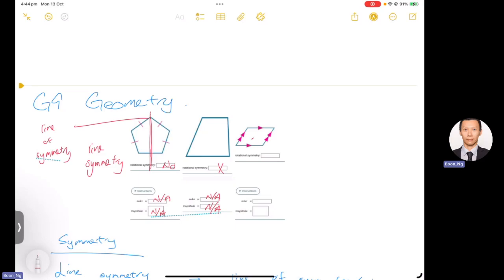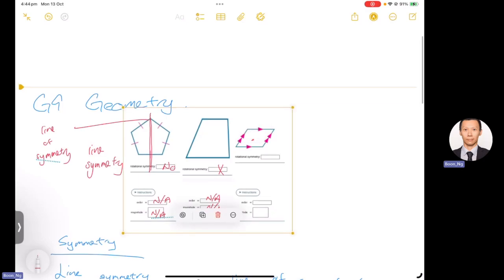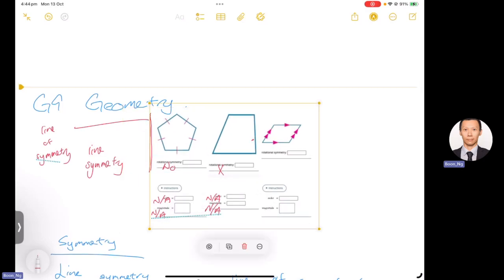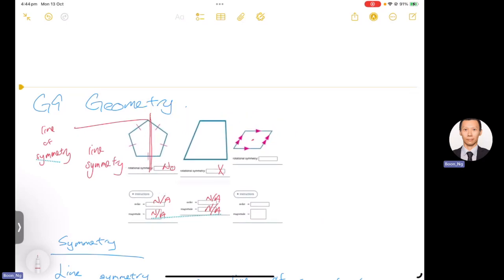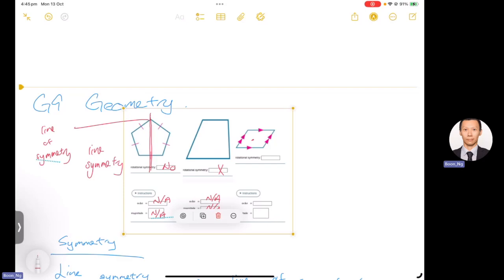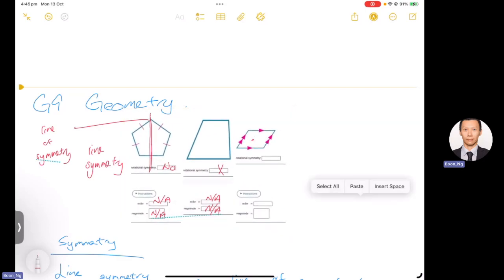Basically, it can have a rotational symmetry. It is actually rotational. This is the point.